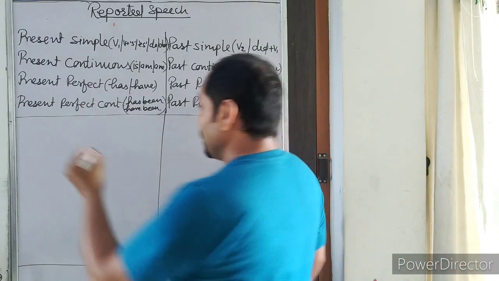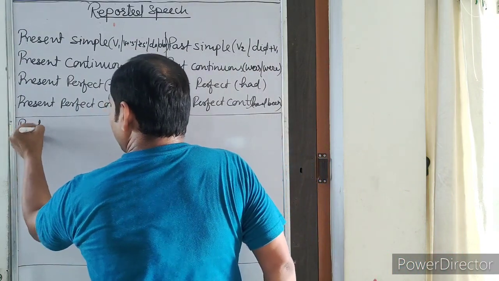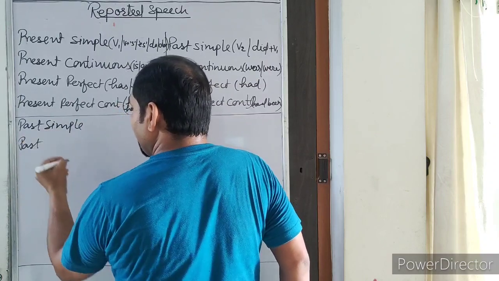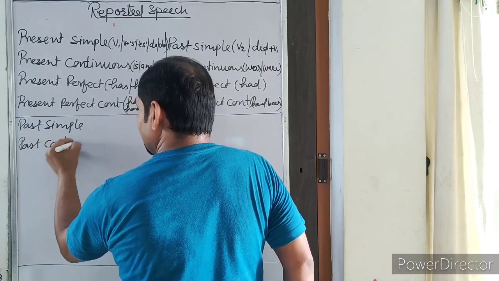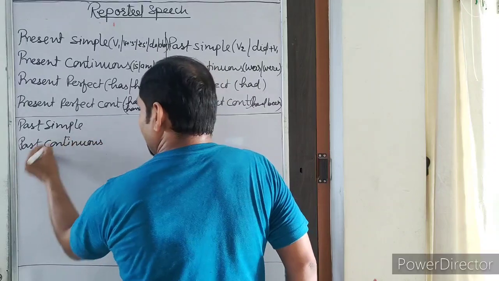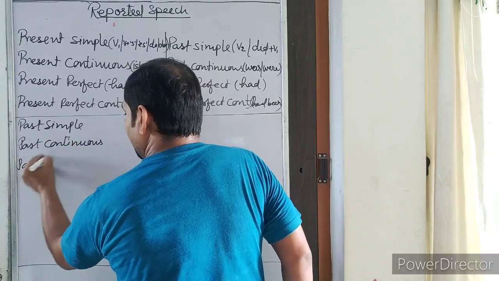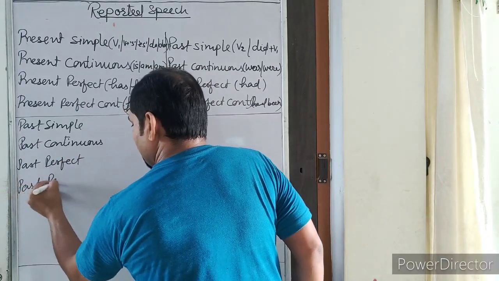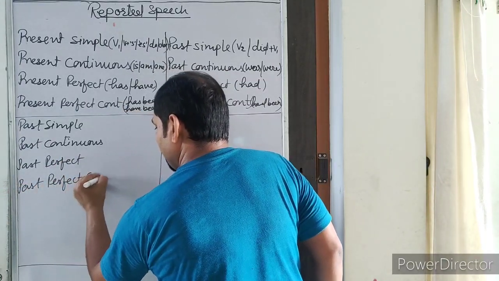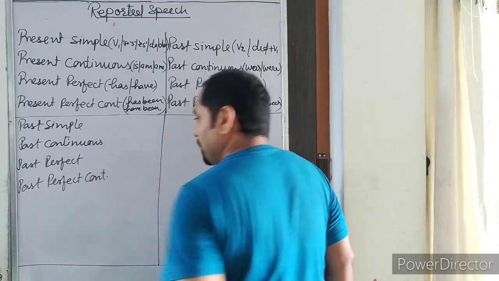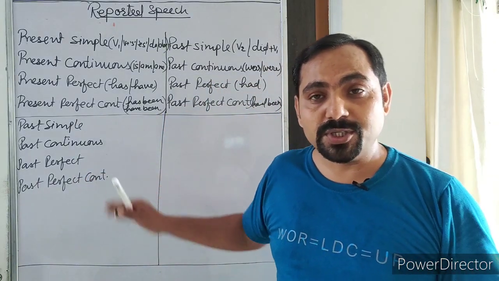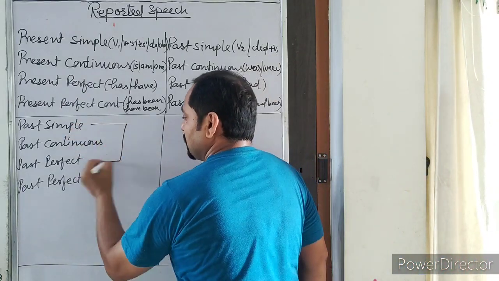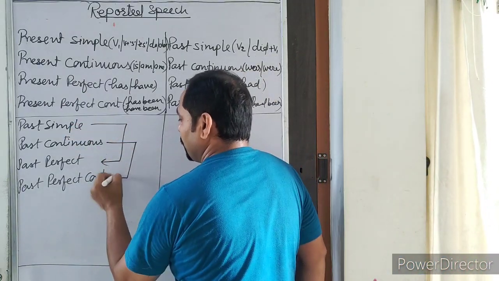in reported speech? For example, past simple, past continuous, and past perfect, and past perfect continuous. Okay, so how will it be changed? Keep this concept in your mind. The first will become the third one, and the second will become the fourth one.